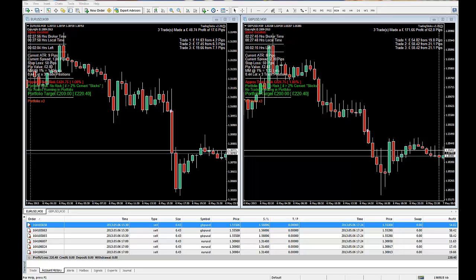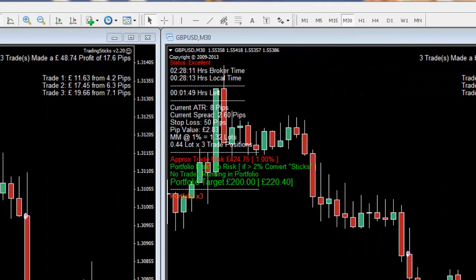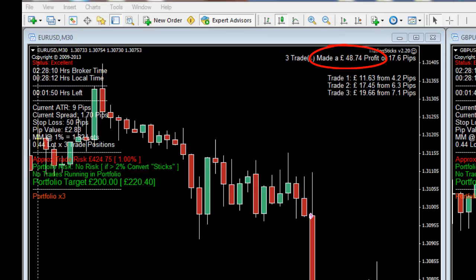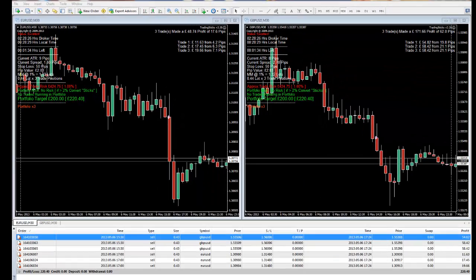What we had here was 3 positional trades on each, both in a sell position, and the trades on the Pound US dollar made £171.66, and the trades on the Euro US dollar made £48.74.